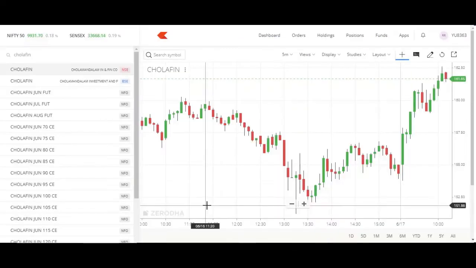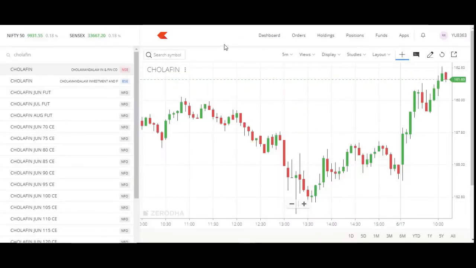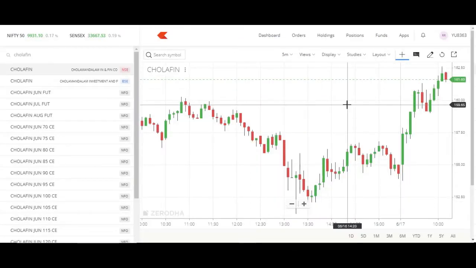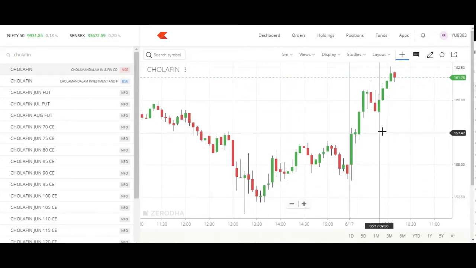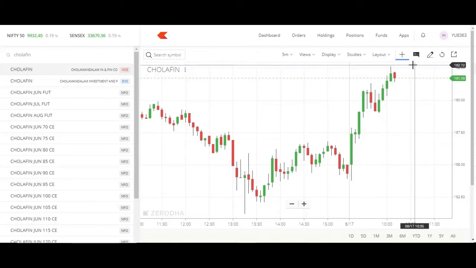This is the Chola Finance 5 minutes chart. You can see that it opened and keeps on moving higher. You should place the buy order above this recent high. Instead of simply buying, choose this high price, and once the price breaks this high, you can enter.